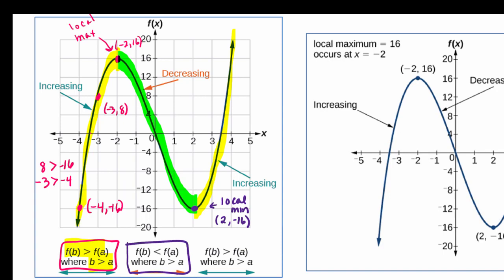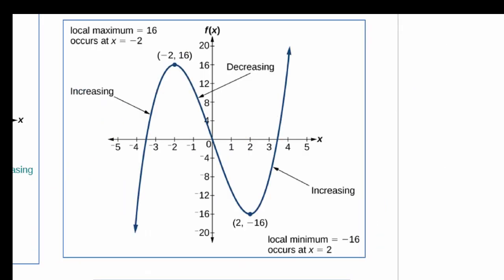All right, so here's another representation of the same graph. Notice that it shows that the local maximum value of the function is 16, which we always describe as the y value, but that it occurs at x equals -2. And the local minimum is -16, and it occurs at x equals 2.